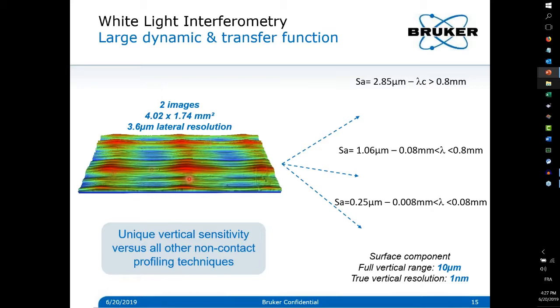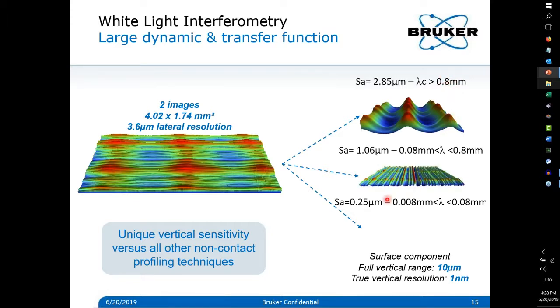In that case, this complex surface can be decomposed into waviness, taking all the long-range wavelengths above 0.8 millimeters. You can then separate the roughness itself, sampling from 0.8 millimeters to 0.08 millimeters.